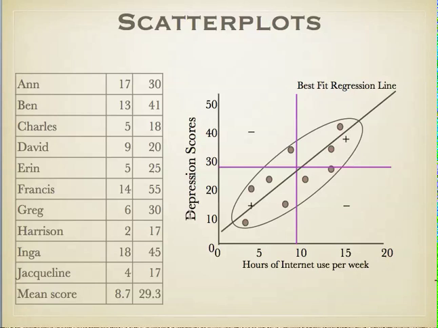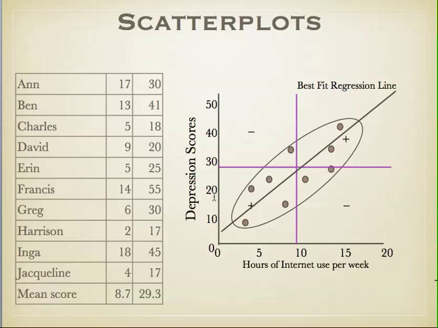So let's say we gave a person or a group of people a test to determine how likely they are to be depressed. And we wanted to see if there was any relationship between that and how many hours a week they spent on the internet. So here are a group of individuals, and this one column represents how many hours a week they are on the internet, and this is their score on a depression index that was validated by other means.